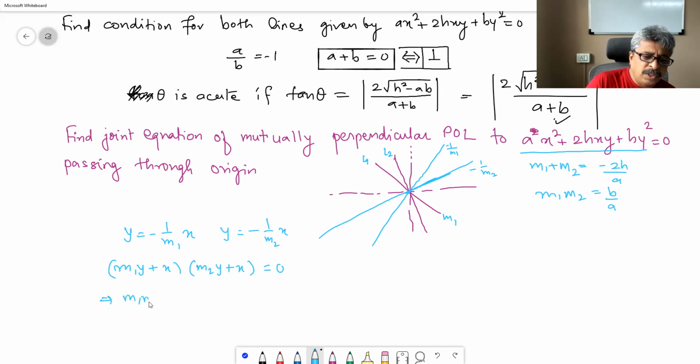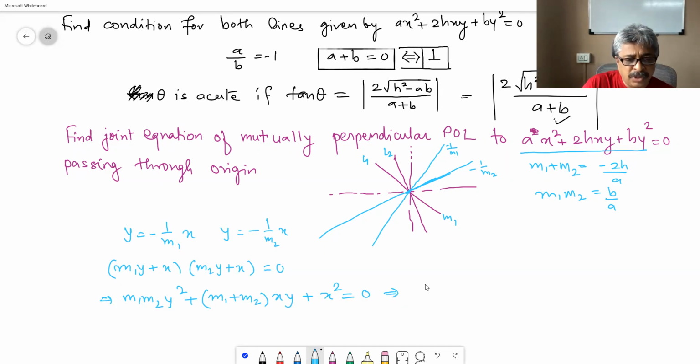Therefore, m1 m2 y square plus xy term (m1 plus m2) xy plus x square is equal to 0. This is the joint equation, but we don't want it in m1 m2, so substituting m1 m2 as b by a: b by a y square plus minus 2h by a xy plus x square is equal to 0.